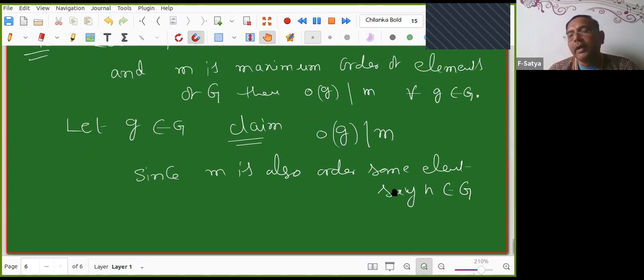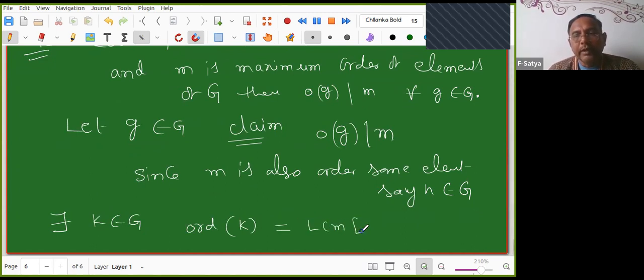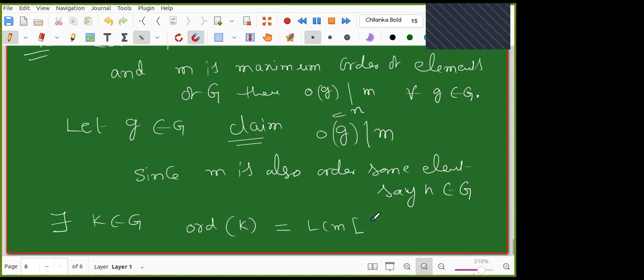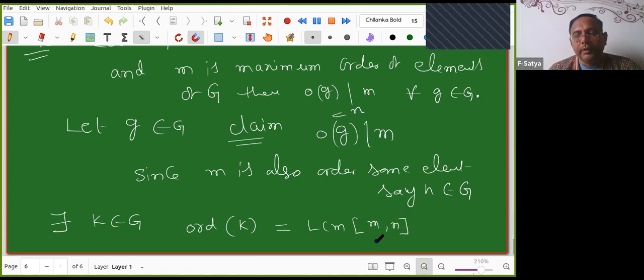Now, what does the previous result say? There exists some k in G such that the order of k equals the LCM. Let us say the order of g equals N. I have two elements: the order of g is N, and the order of h equals M. The previous result says the order of k is the LCM of M and N.